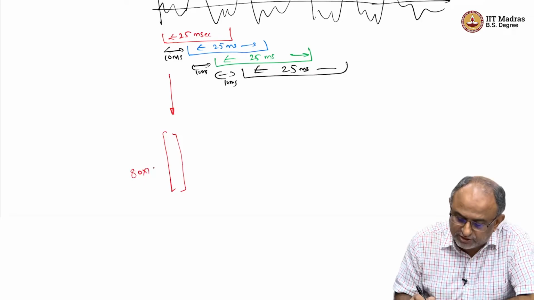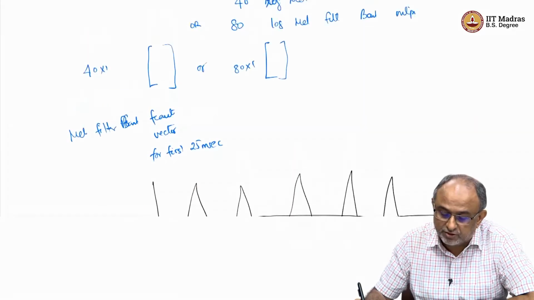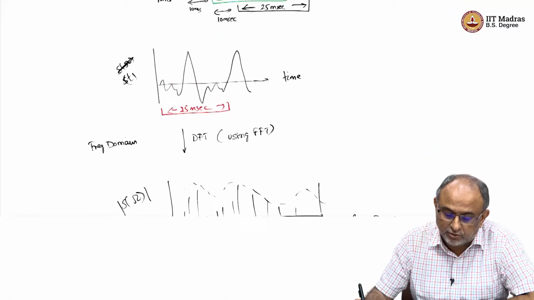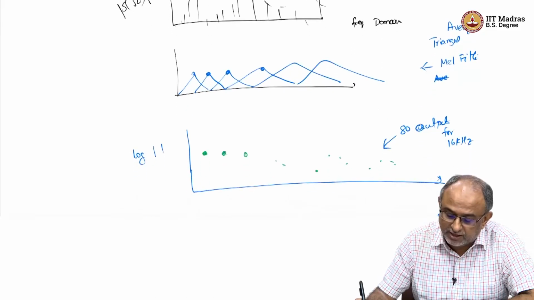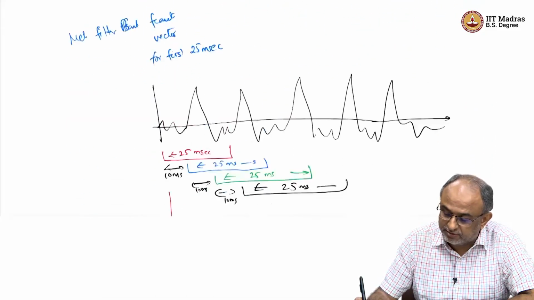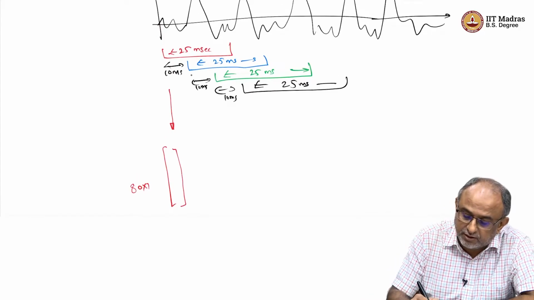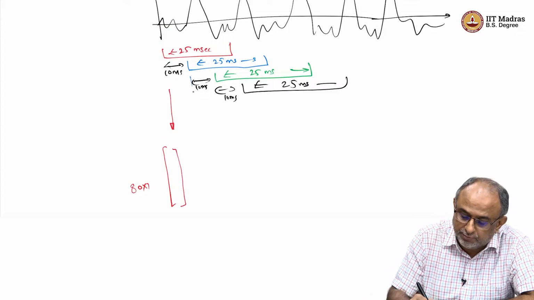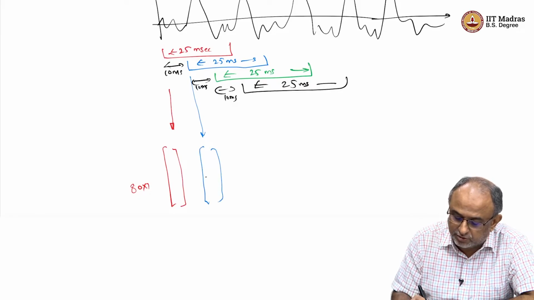So this is for the first 10 milliseconds. By doing these operations, I took the first 25 milliseconds, took the DFT, then applied the triangular filtering, and then the log, right. So I will get something like this. Then the next blue one will give me another feature vector, again 80 cross 1.